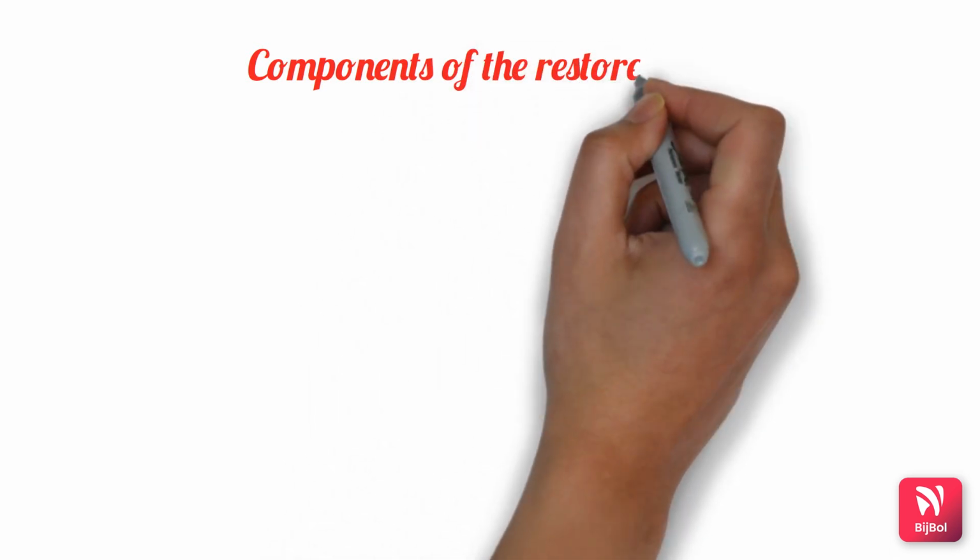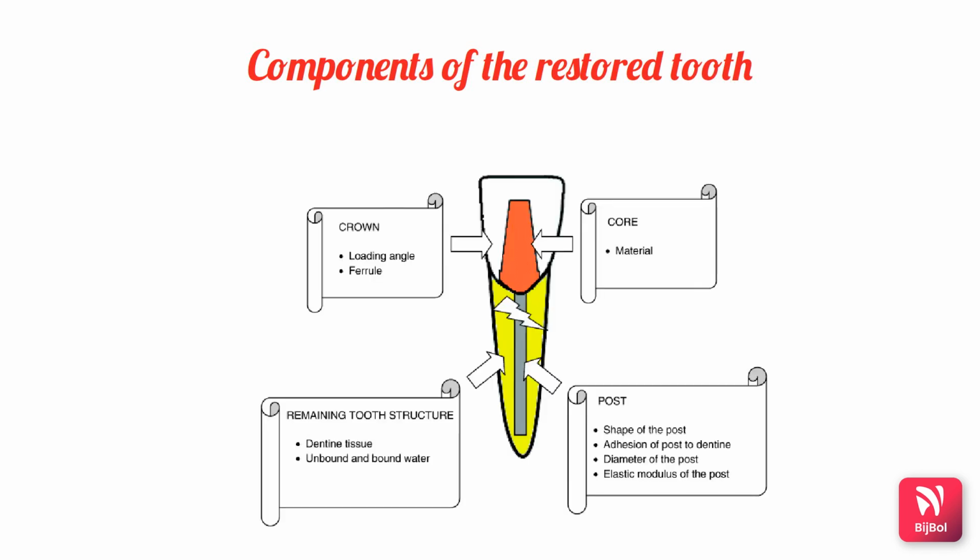If you see the components of the restored teeth, that includes the residual or remaining tooth structure, and the post and core and the crown. If you observe the residual tooth structure, in such cases the dentin tissue and the unbound and bound water are taken into consideration.